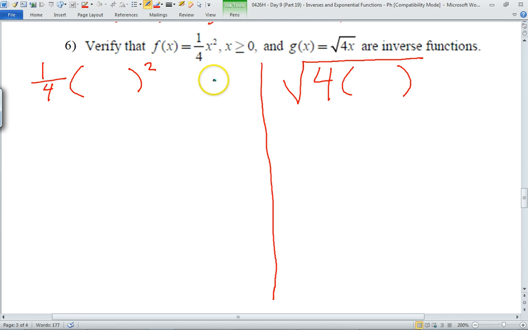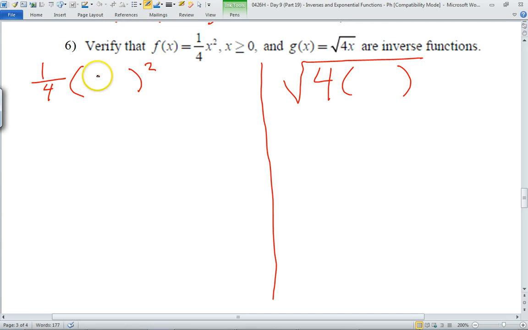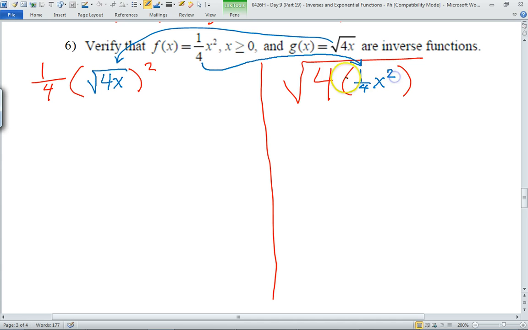Now if these are going to be inverses, what should this come out to be? Let's see, so I'm going to take this and put it in here, so that's radical for x. And I'm going to take this and put it in over here. So that's going to be 1/4 x squared.